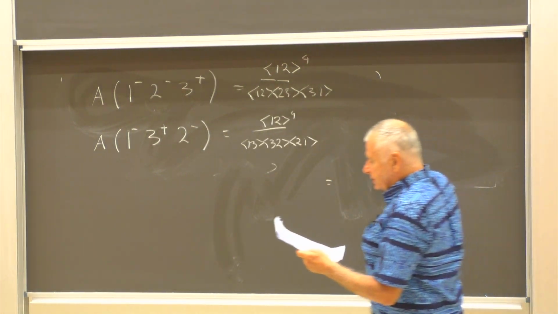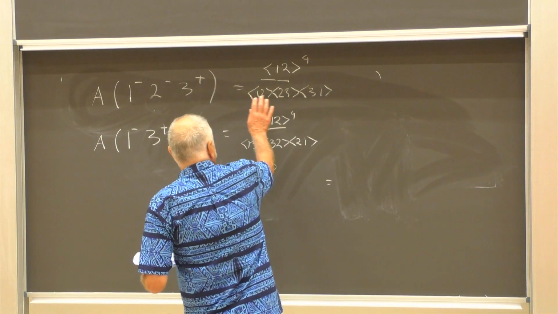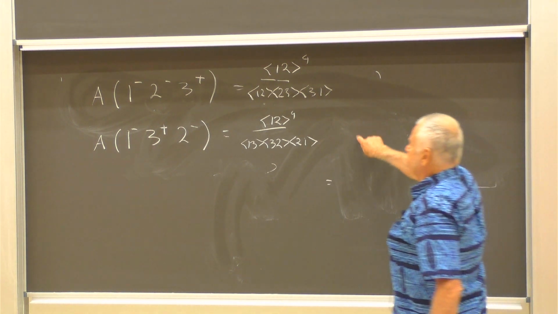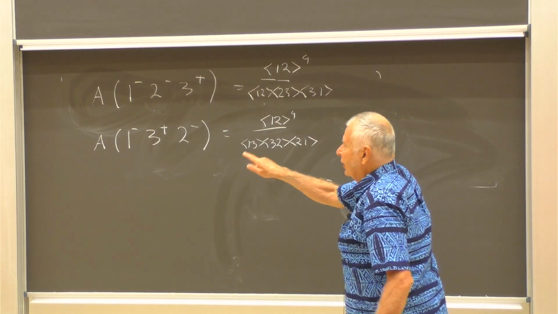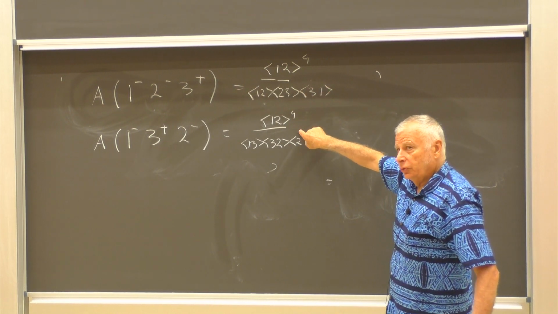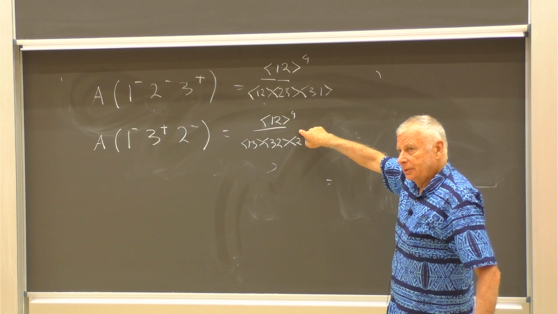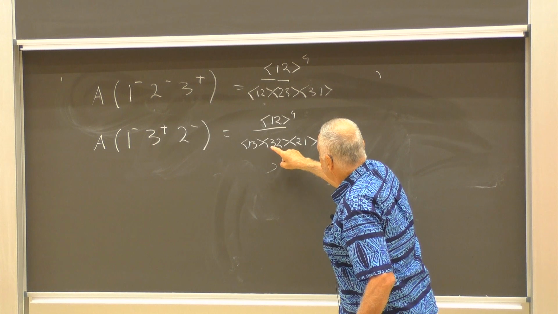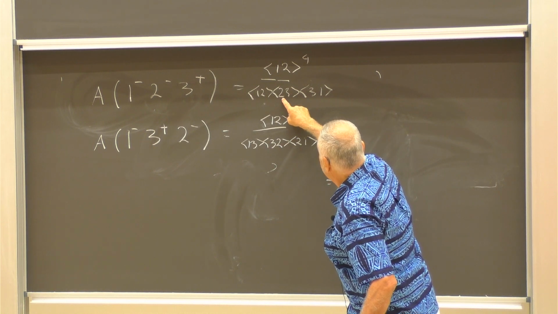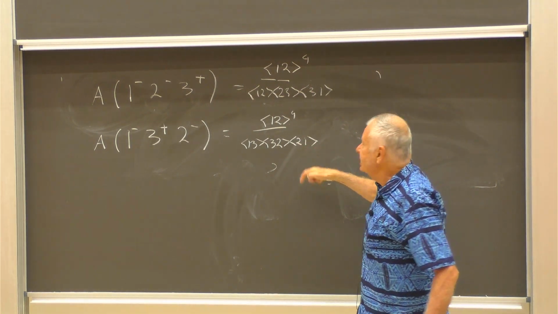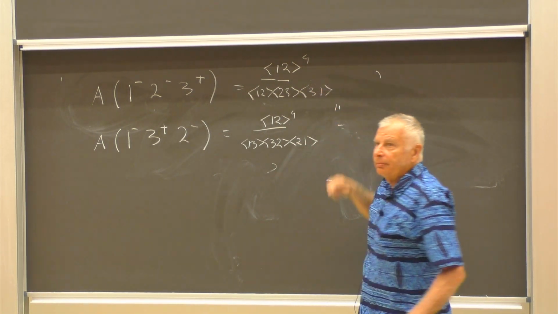Indeed, it is a trivial exercise to show that if I take the trace 1, 2, 3 and then the trace 1, 3, 2, this one has a minus sign compared to the other one, because if we interchange 2 and 3, this is actually minus that amplitude.